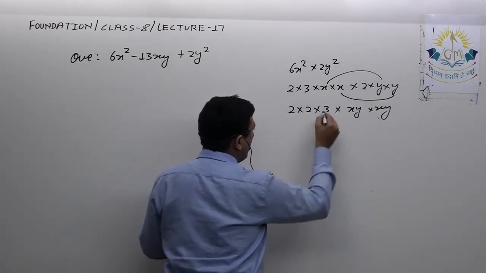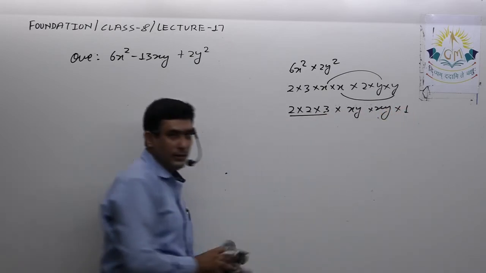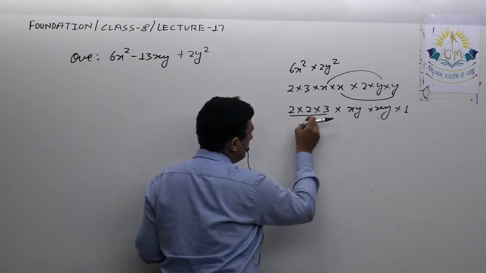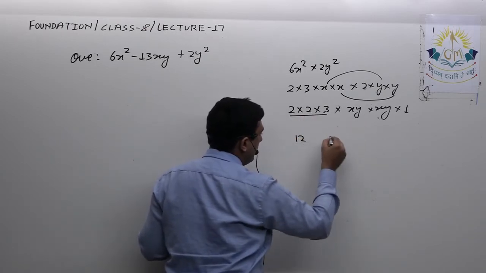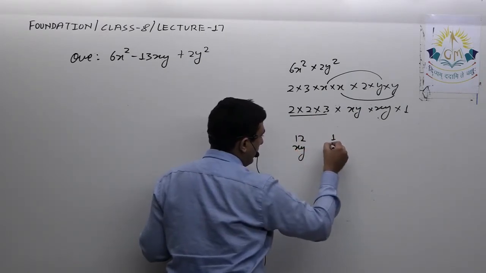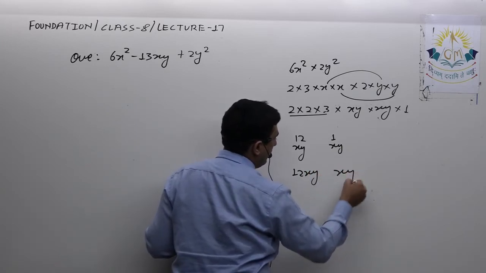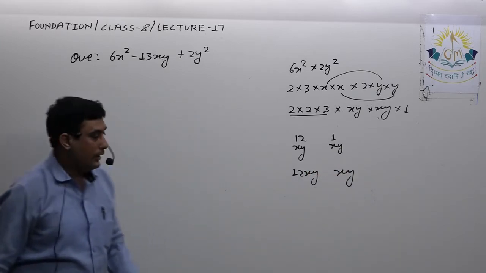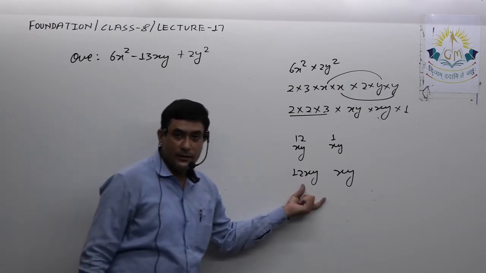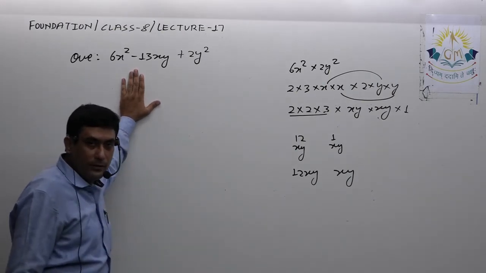So now if I take these all together, and we know that 1 is always a factor, this will become 12 and over there 1. Now 12xy and 1xy, that means 12xy and xy. Now we have to check. Yes, their addition is 13xy, but the result is negative.